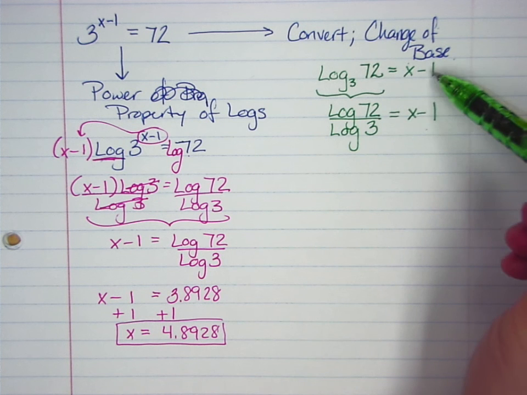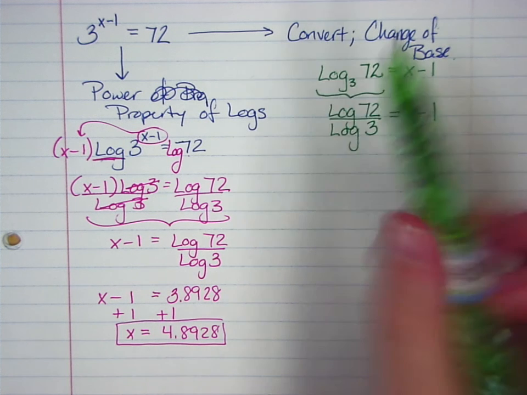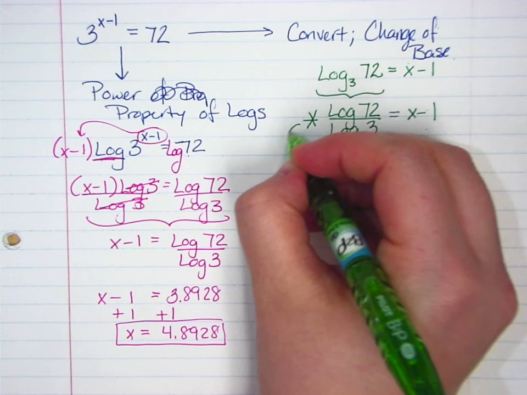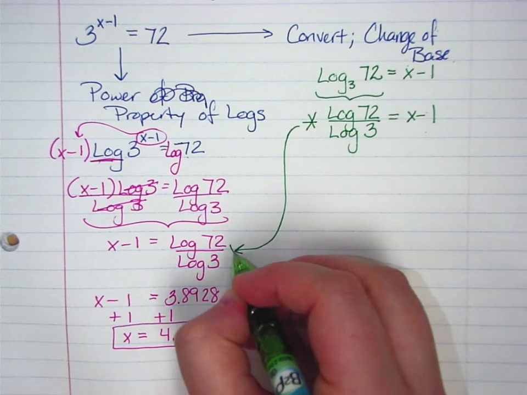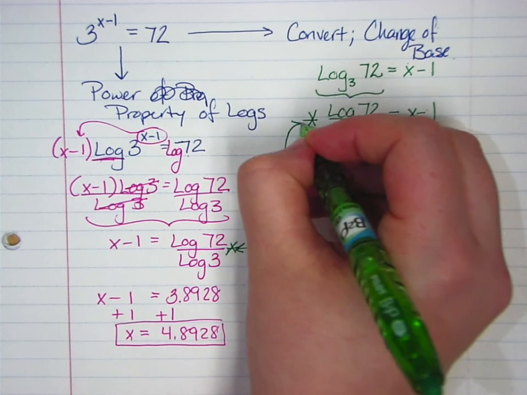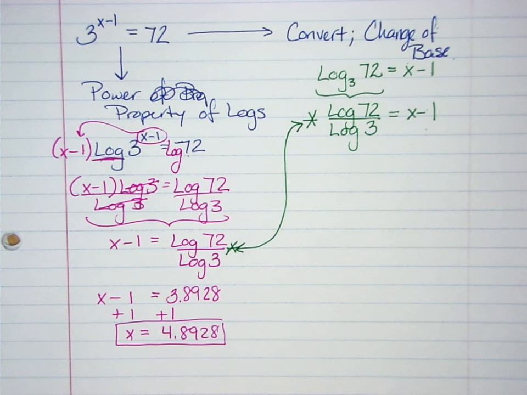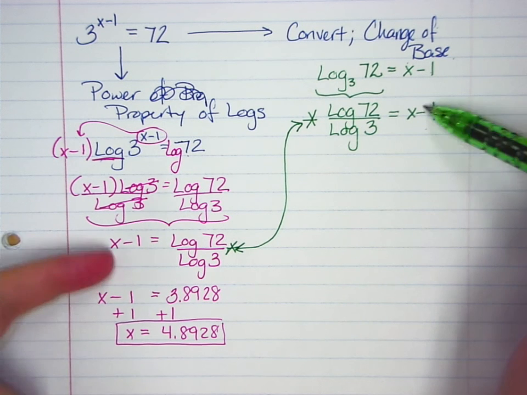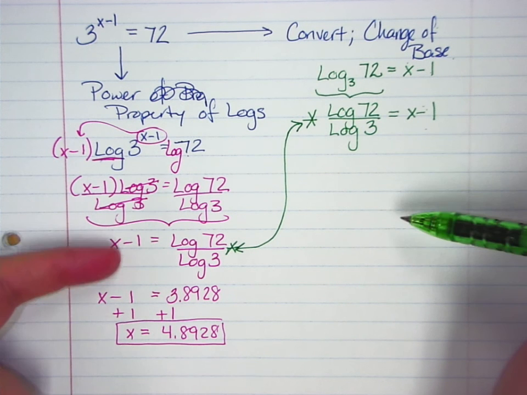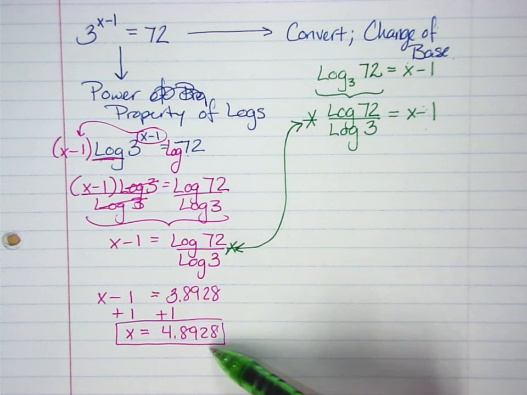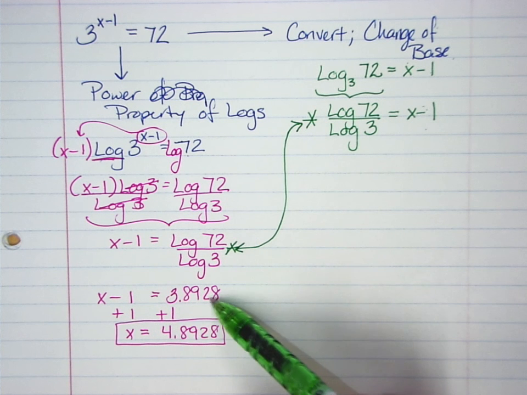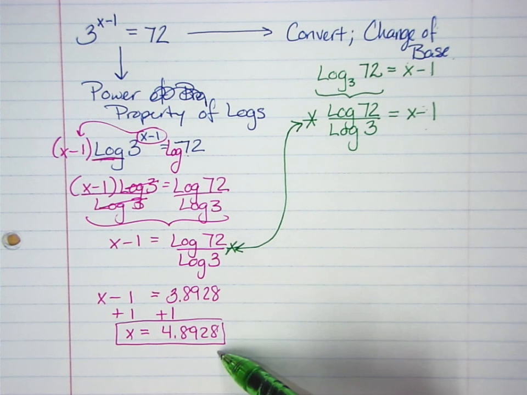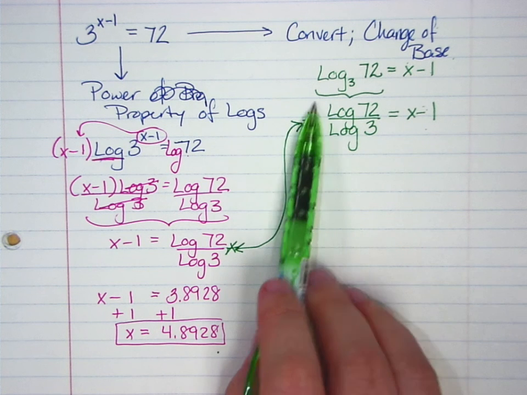Now you'll notice this is a lot less steps, but this right here looks exactly like what this method did right before we solved. So from this point forward, this method is going to look an awful lot like this method. We're going to get x minus 1 equals 3.8928. We're going to add 1 to both sides, and we're going to get our answer.